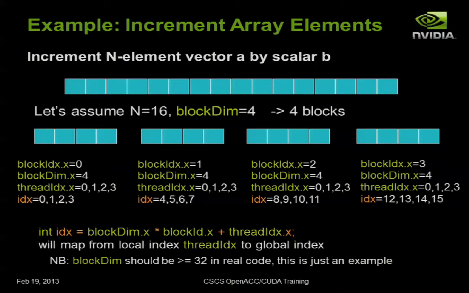Here we just go through an example of incrementing an array of elements. So we have an array of 16 elements. And let's break it up into a block of 4 elements each. So we have 4 blocks, and 4 threads each. Here it just listed out all the individual indices and the thread indices.